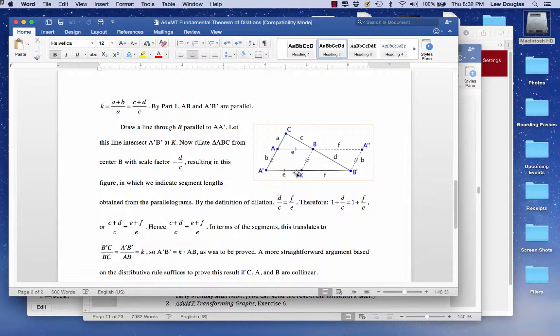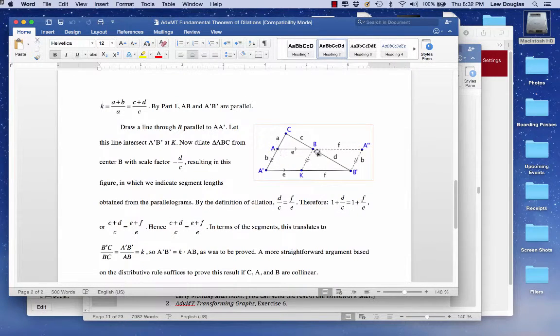And also, let's see. That's right. Segment AC has to map into a parallel segment because dilation takes a segment into a parallel segment if it's not collinear with the center. So that means A prime B prime must also be parallel to AA prime.